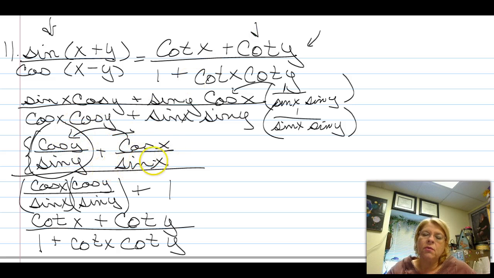Cosine x cosine y over sine x sine y becomes cotangent x cotangent y. I put the 1 first, and then when I group the x's together here, cosine x over sine x is cotangent x. Cosine y over sine y is cotangent y. And so I have what I needed.